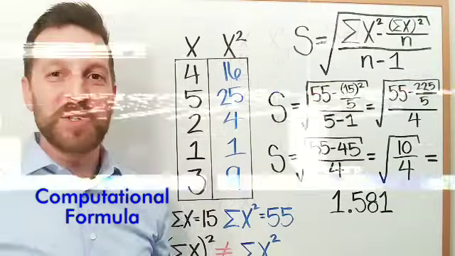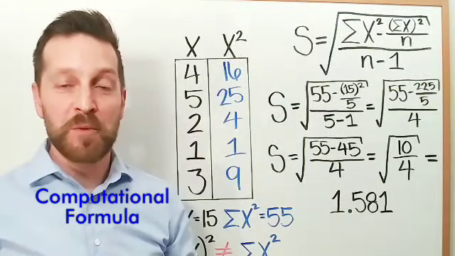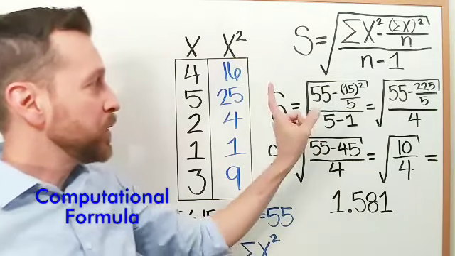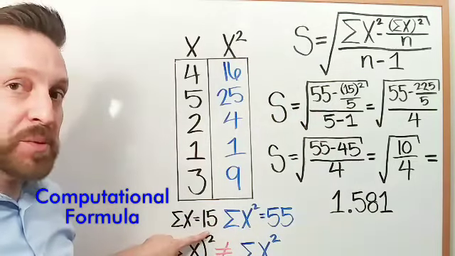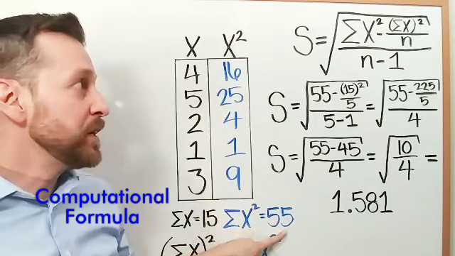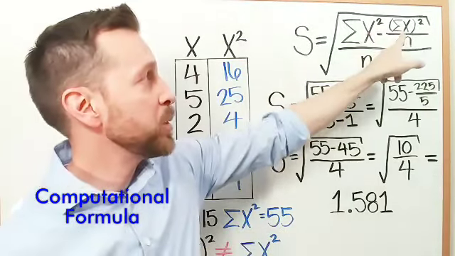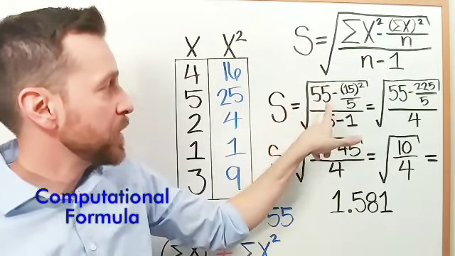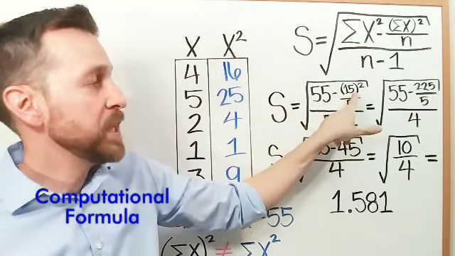So moving right along with the rest of our formula for the computational method, we are going to insert these values we've calculated, the sum of x being 15, the sum of squared x's being 55. We drop those right into the appropriate place in the formula. We see that 55 goes here, that 15 goes here.